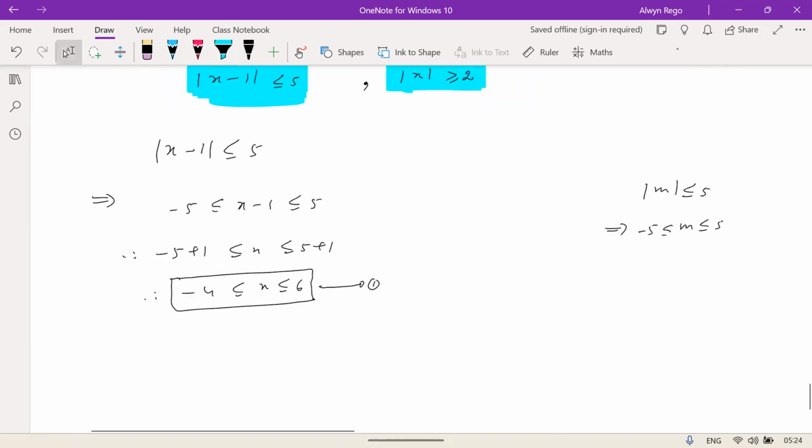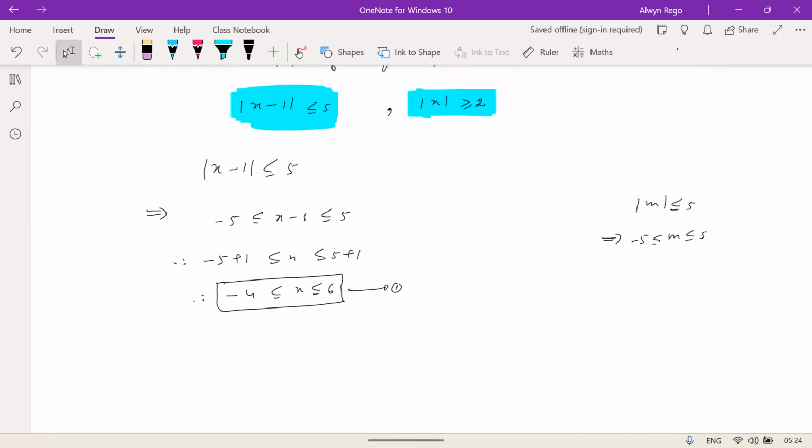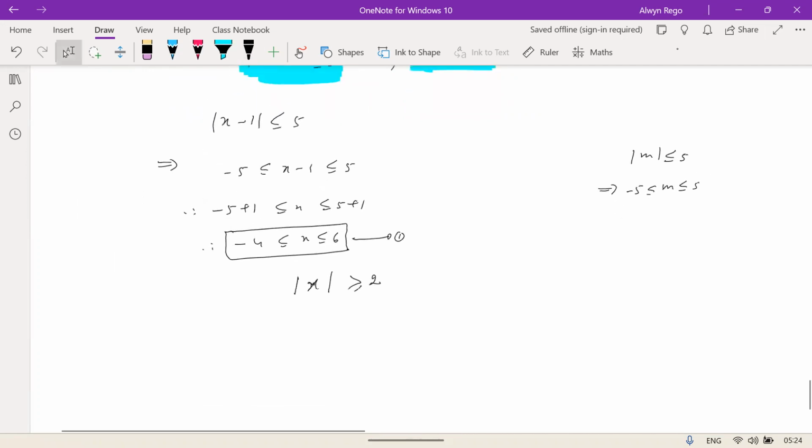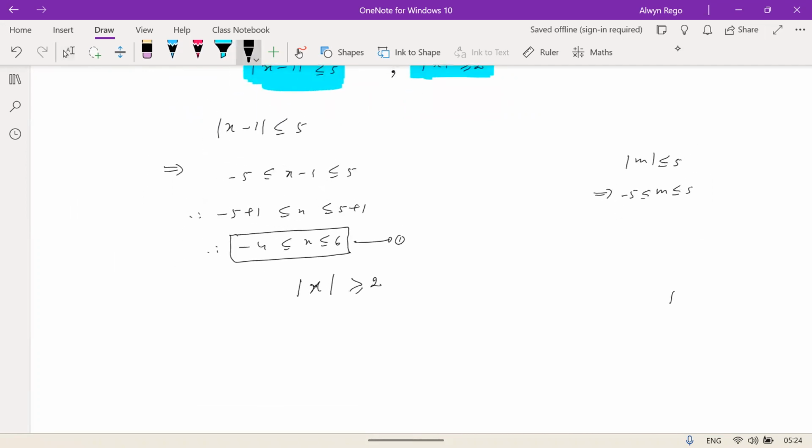And now you have one more component in the system. The other component is the absolute value of x, and mod of x is more than or equal to 2. Therefore, you find that the absolute value of star is more than 2, which implies that star must be less than -2, or star must be more than 2.